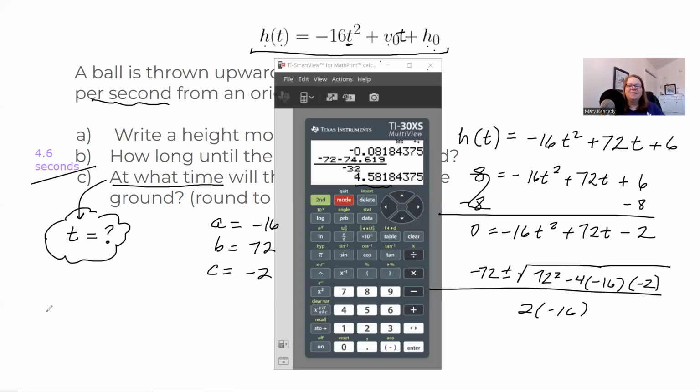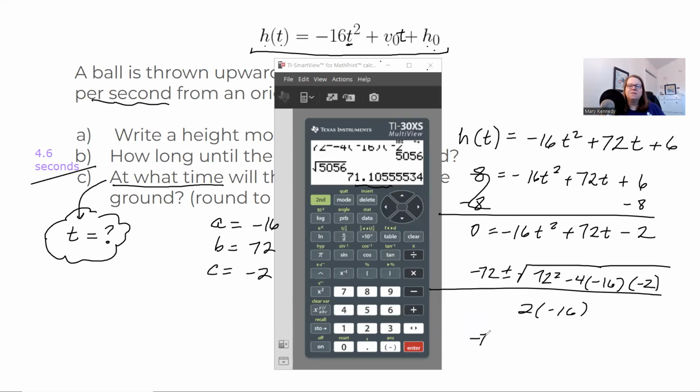I'm going to do just the discriminant. 72 squared minus 4 times -16 times -2 is 5,056. Big numbers. Let's see what that is as a square root. Not an exact number. The directions, which I have kind of covered up, say we're going to round to the nearest tenth, so it makes sense that our answer is going to be a decimal.